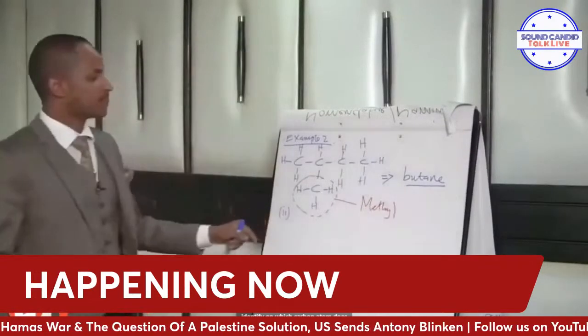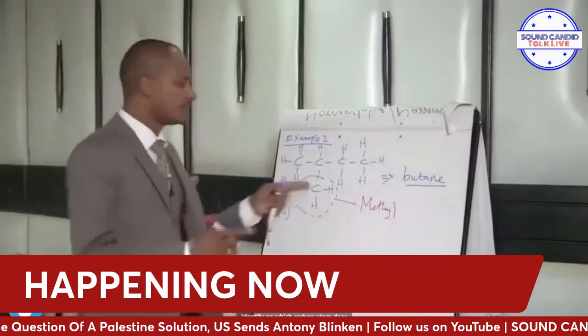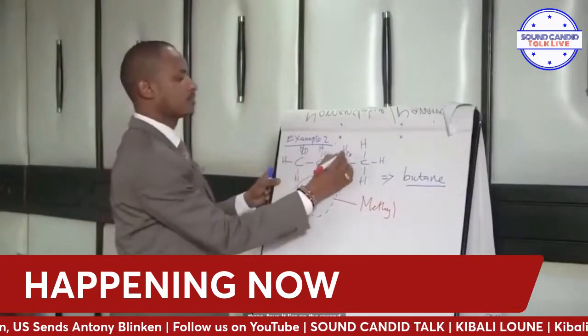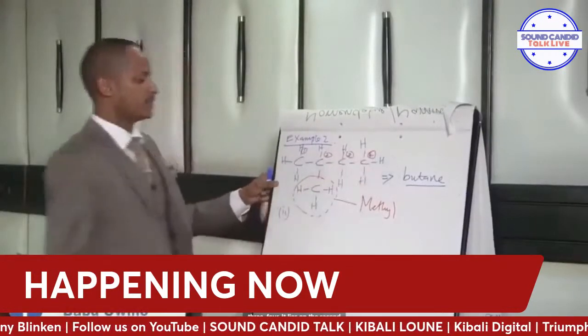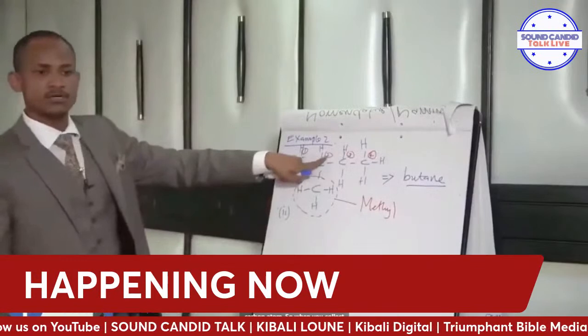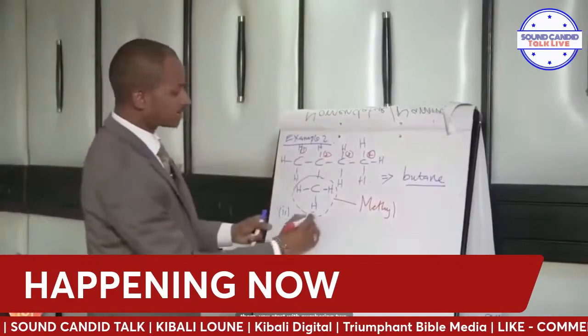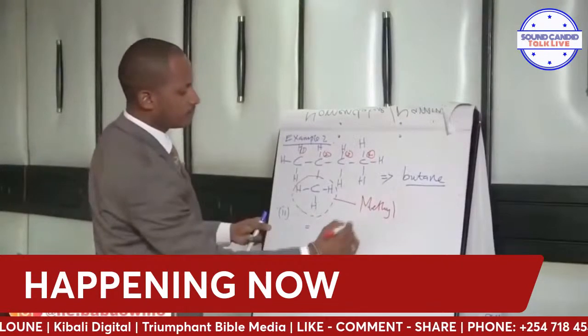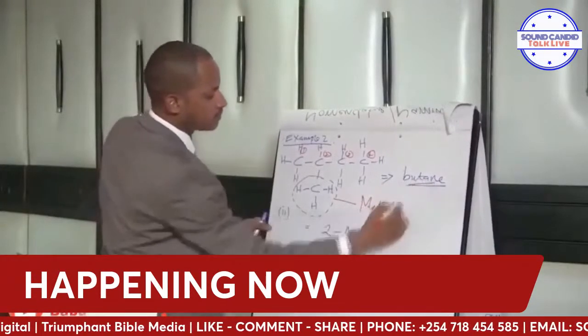Then the next step, identify on which carbon atom the branch lies. So 1, 2, 3, 4. It lies on the second carbon atom. So when you collect them, you start with the number: 2-methyl butane.